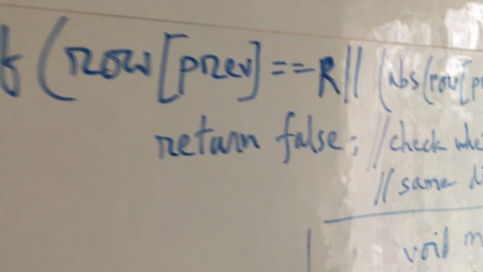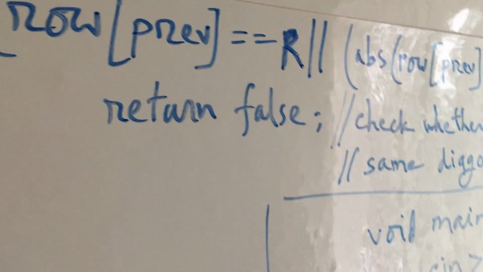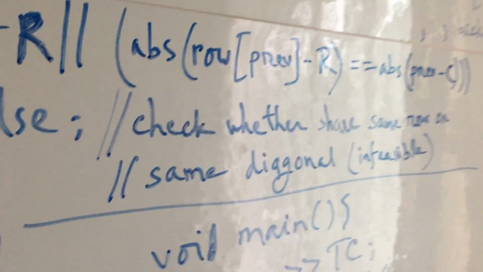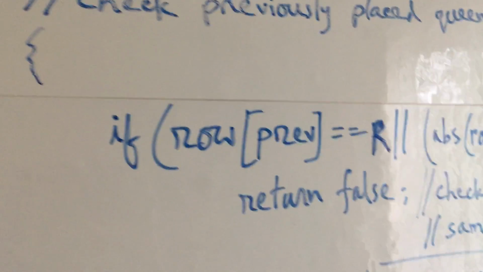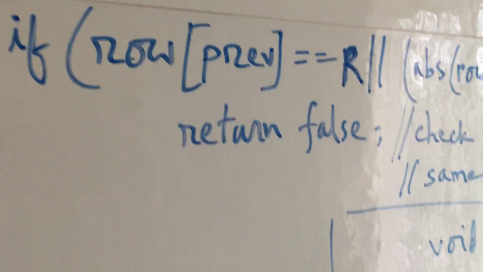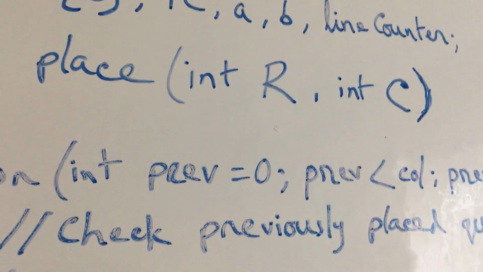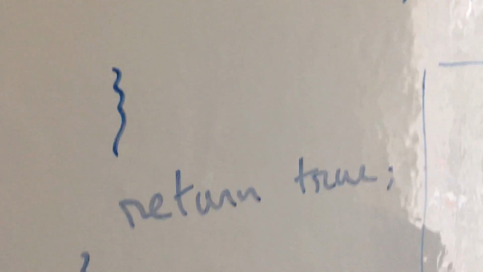So if they are equal, then we cannot place the next queen in that same coordinate. If that condition is met, then we return false. That means we cannot place that queen in that particular row or column. Otherwise, we return true.